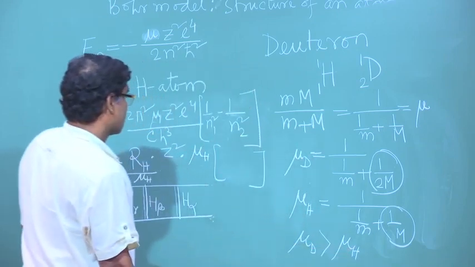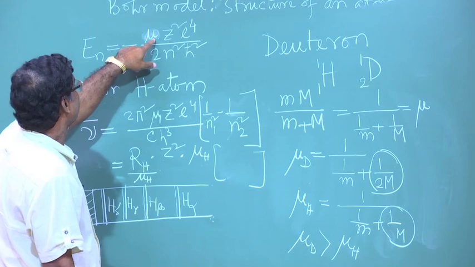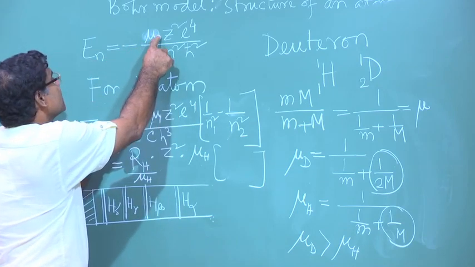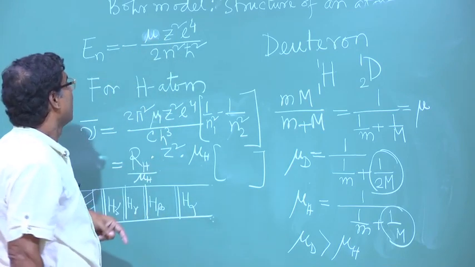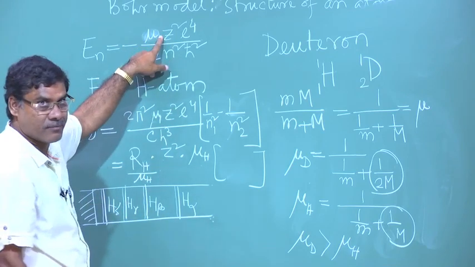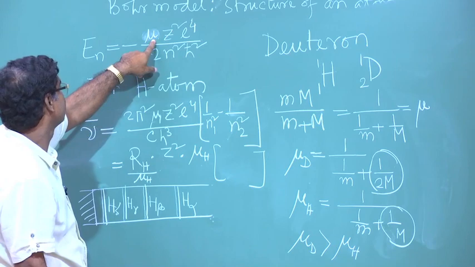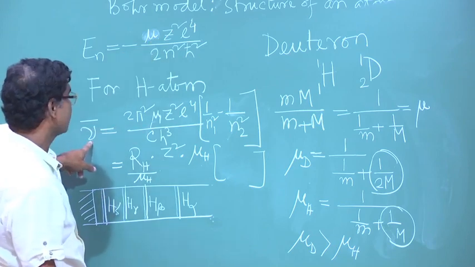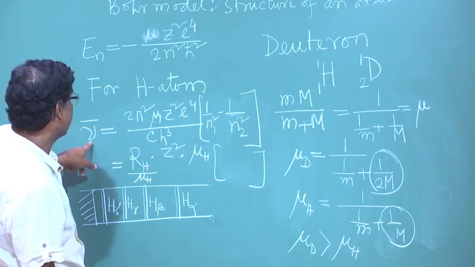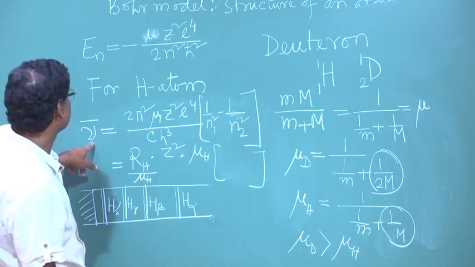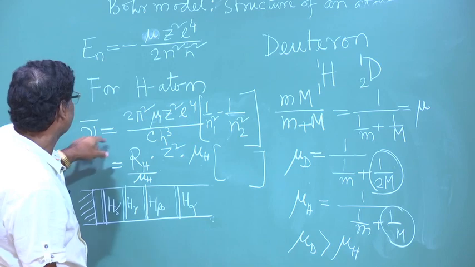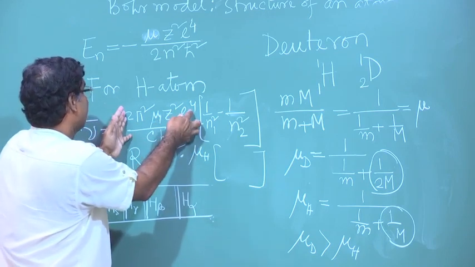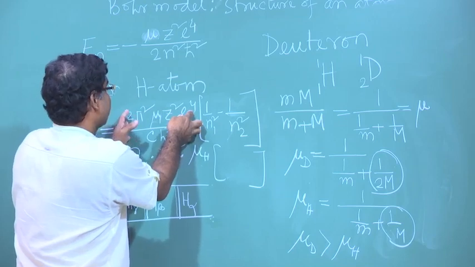Okay. So when it is mu h or mu d, this is the higher value. In this case, the separation in terms of wave number, what will you get?